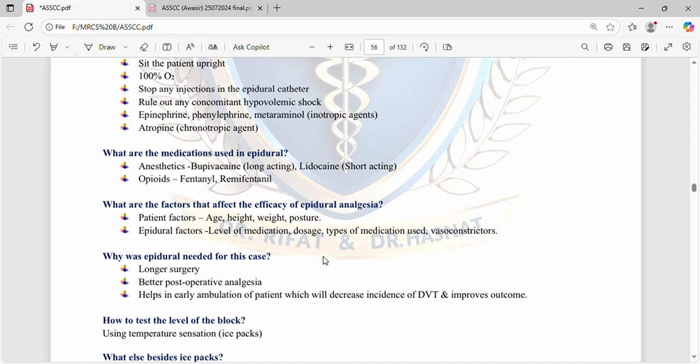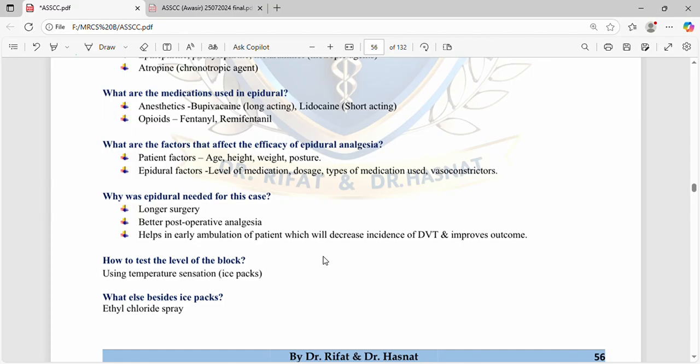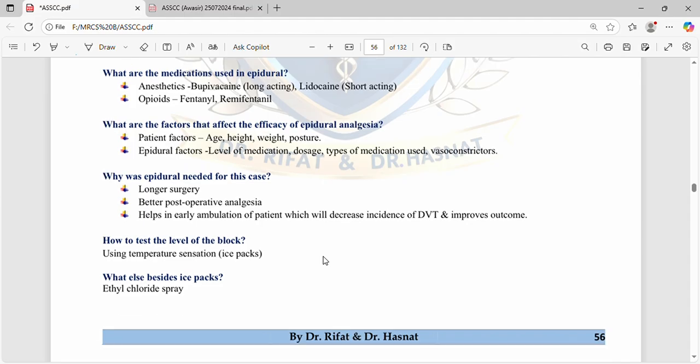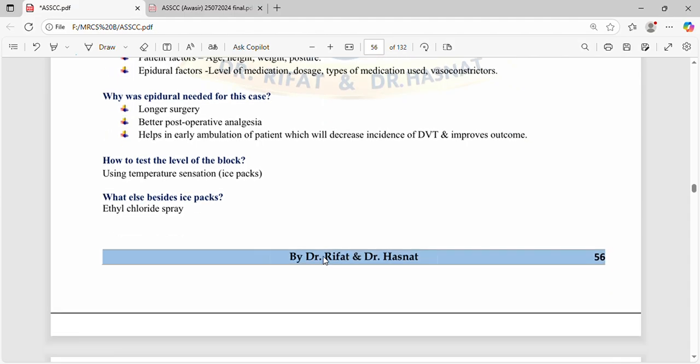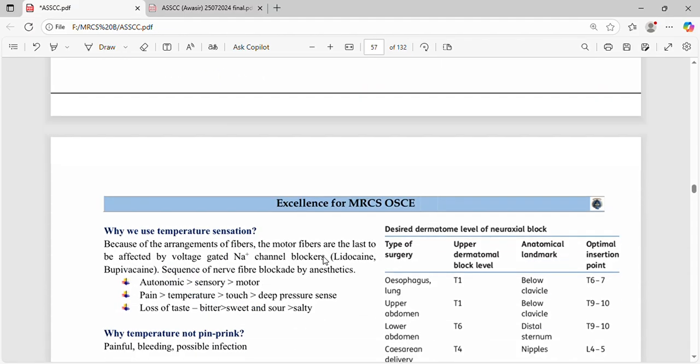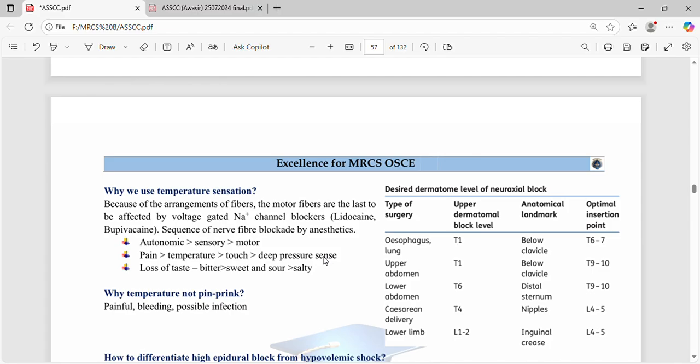How to test the level of the block? Using temperature sensation with the help of ice packs. What else besides ice packs? Ethyl chloride spray. Why do we use temperature sensation? Because of the arrangement of fibers, the motor fibers are the last to be affected by voltage-gated sodium channel blockers, lidocaine, bupivacaine.